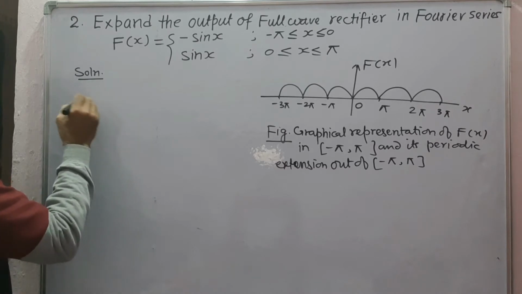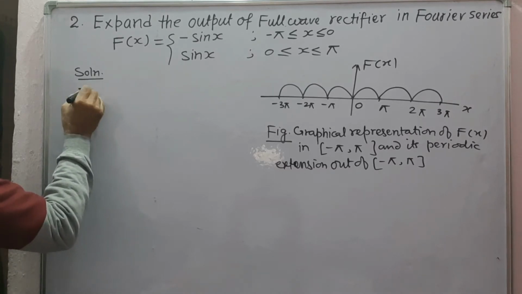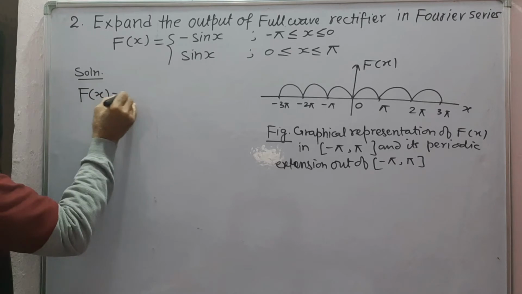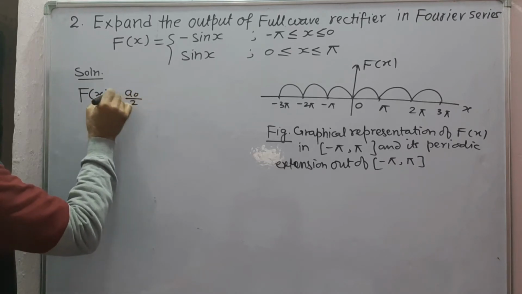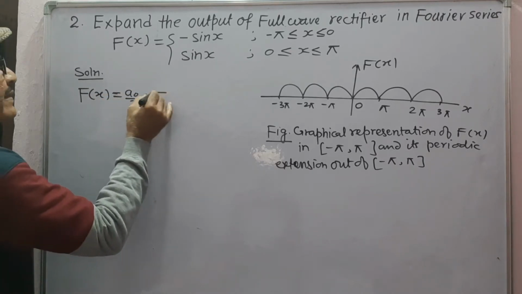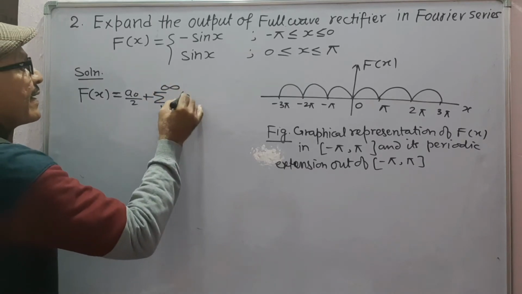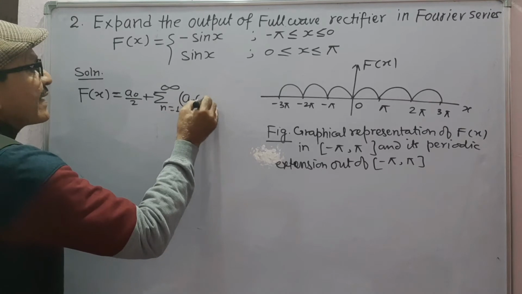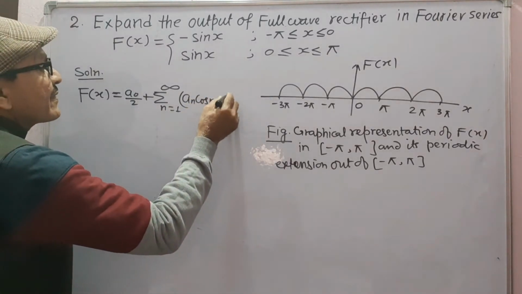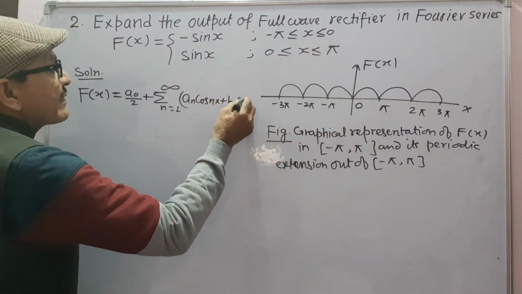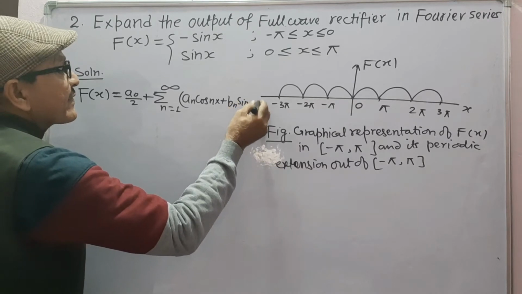Here the Fourier series will be f(x) is equal to a naught by 2 plus summation n is equal to 1 to infinity a n cos nx plus b n sin nx.